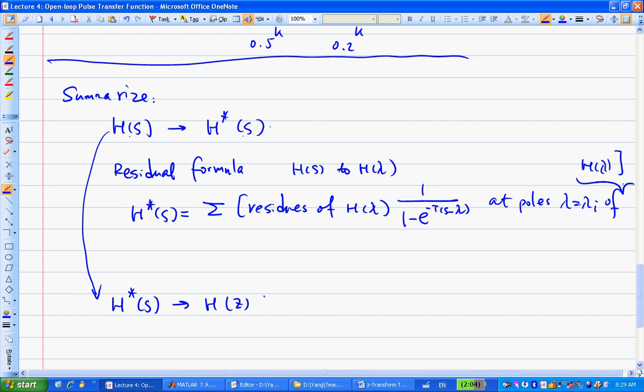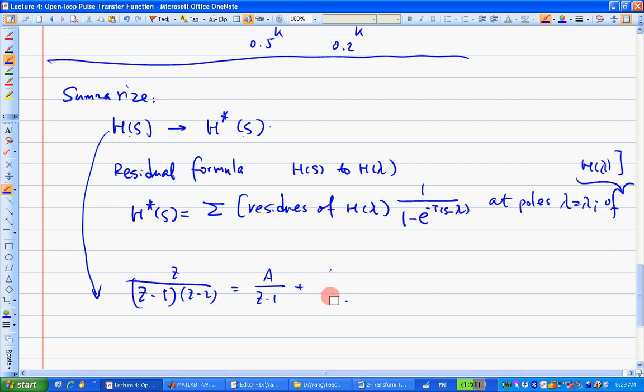Remember when you do partial fraction expansion, say with z minus 1, z minus 2 over z, you write it as A and B like this. That A and B are basically called residuals.